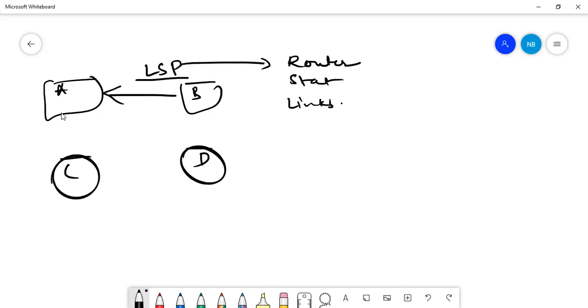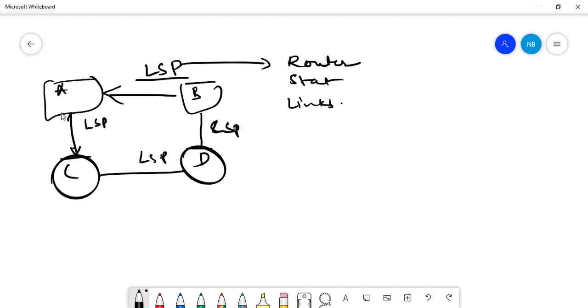And if router A has a neighbor C, that LSP will be carried over to C, and C will have a neighbor, and D will have the LSP. The same LSP will be shared by every router, which is different from distance vector routing.